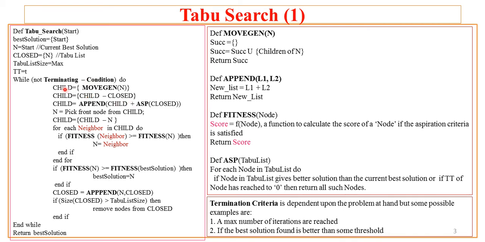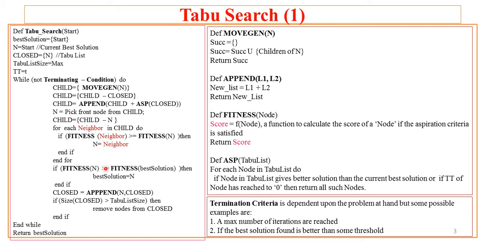But now, as we have got the neighborhood of n, we can think of choosing the best from this neighborhood, and that is done using this for loop. For each neighbor in the child, check the fitness of the neighbor. Is it better than the current best solution, which is n for now? Then n is updated to neighbor. This way the best neighbor from the child is extracted and put in n.